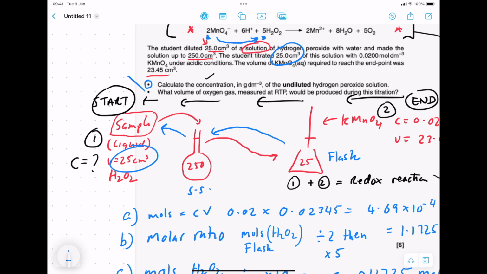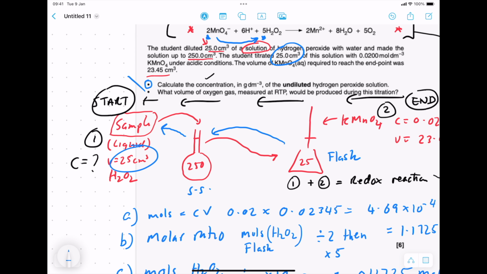So let's continue this in green. So E, F, G. A lot of steps here, but it is a 6 marker, and these questions are always at least 5 or 6 marks, and sometimes they go up to 8 marks. So G, the moles of O2 is that number there, 1.1725 times 10 to the minus 3. And to turn that into a volume, I'm just going to use the gas approximation.